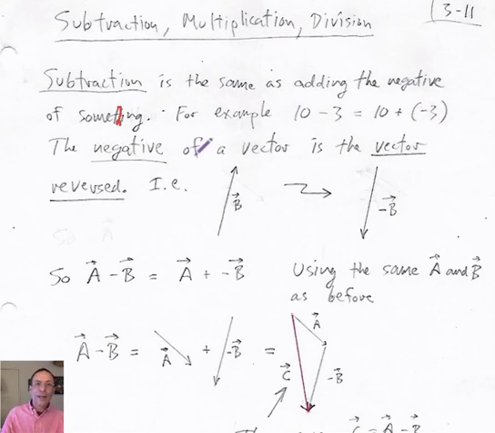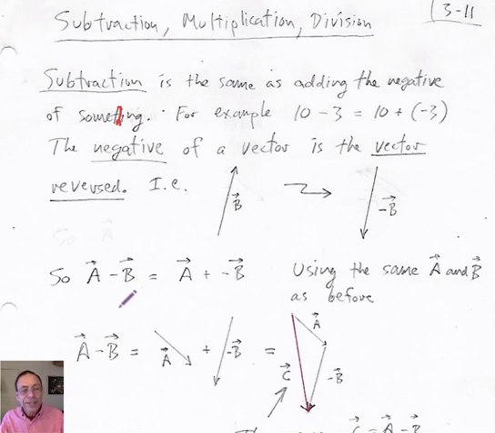In the same way, you can do the same thing with vectors. Now, the negative of a vector is the vector turned around. So if this is b, then this is the negative of b.